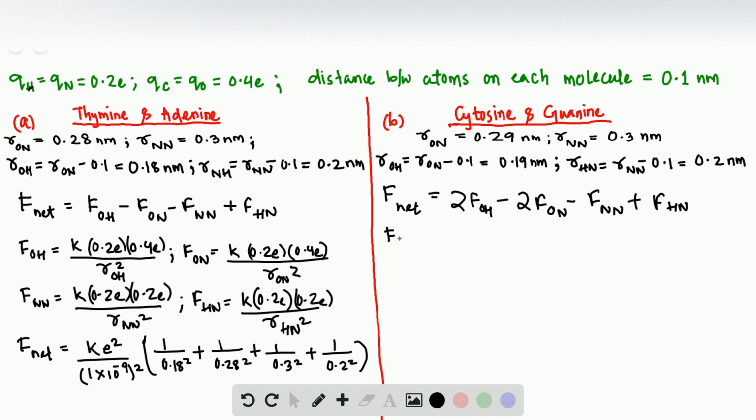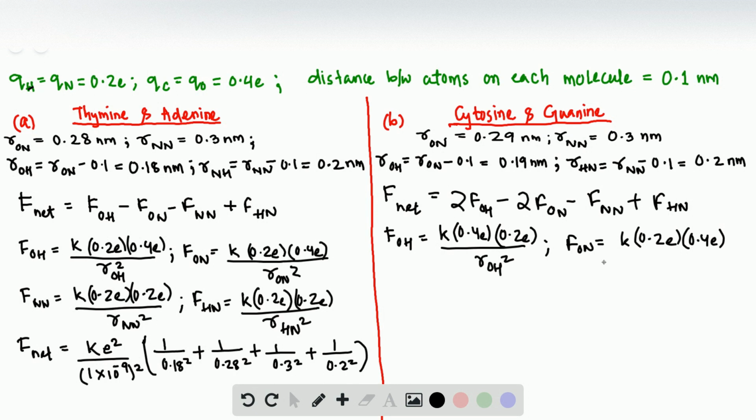And here FOH is K times 0.4 e times 0.2 e over ROH square. FON will be K times 0.2 e, sorry, this will be 4 and this will be 2, over RON square.